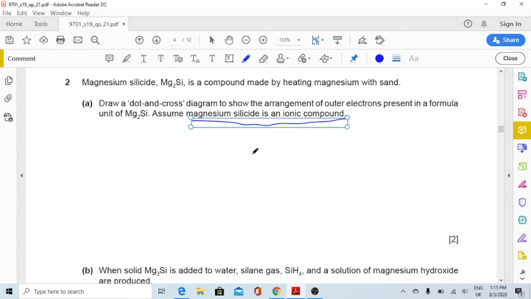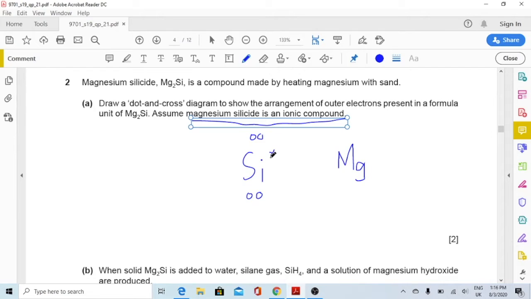So over here, silicon is not a metal, it will probably accept electrons, while Mg, there are two Mgs, meaning there are two atoms of magnesium which will be donating electrons to silicon. So this is silicon, it has its own 4 outermost electrons and it needs 4 more to complete the valency of the shell, while Mg over here will be donating 2 of its electrons to silicon.